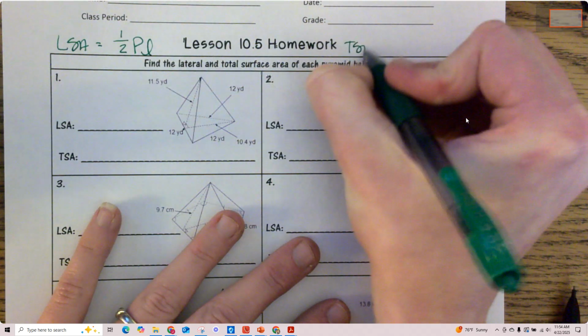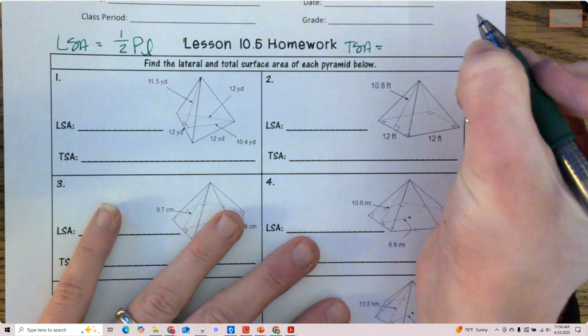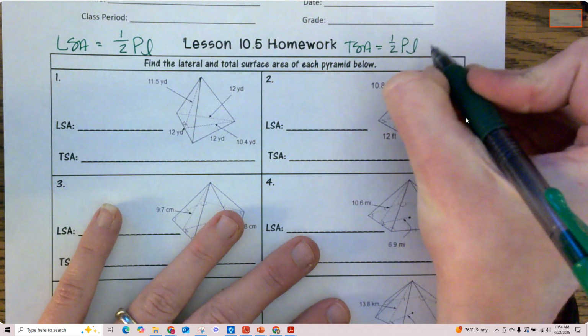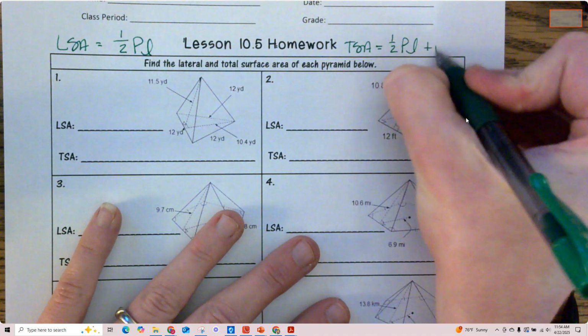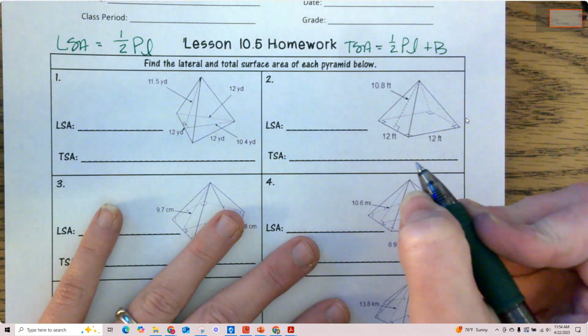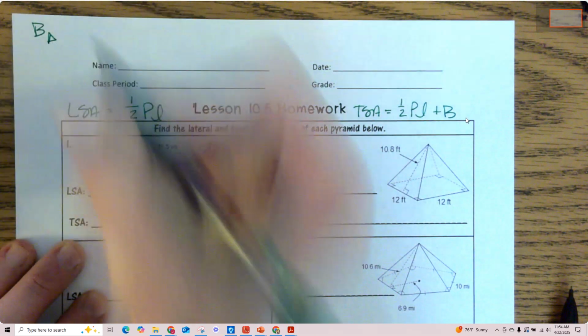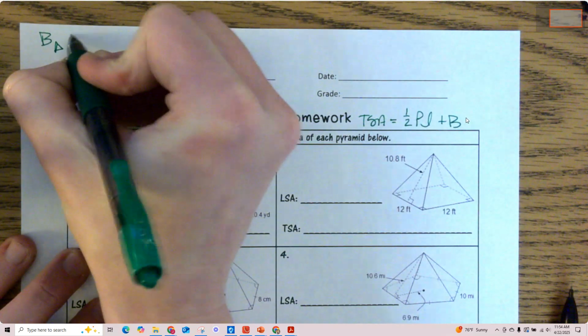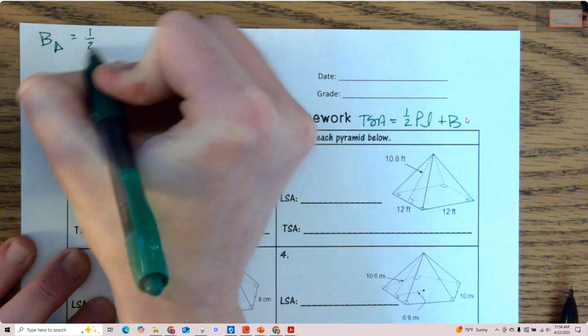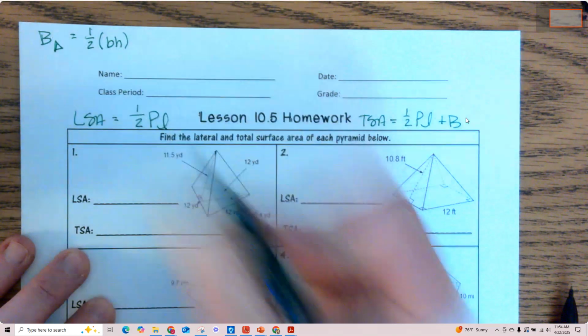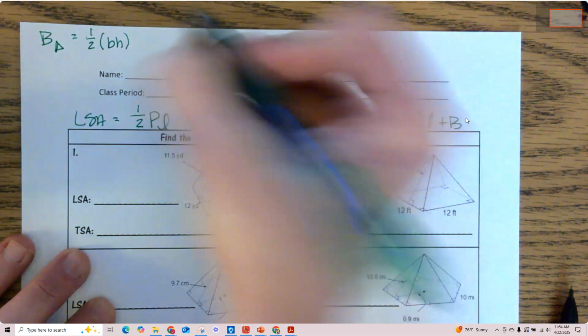Total surface area is going to be the 1/2 PL, perimeter times slant height, plus big B. All right, big B is going to change. If the base is a triangle, big B is going to be 1/2 little b, little h. Okay.